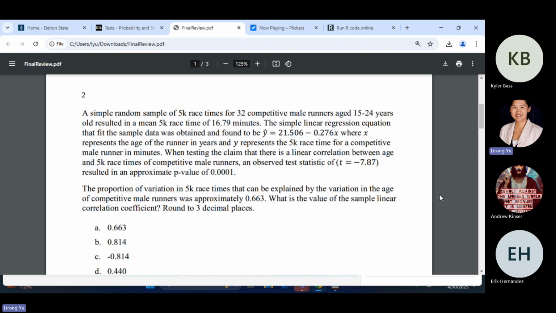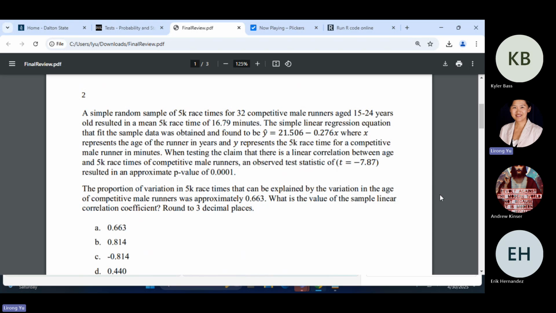Now this is the second question. Value of the sample population coefficient. Right, a simple random sample of 5K race times for 30 competitive male runners. Okay, so we have a mean value given for the data.